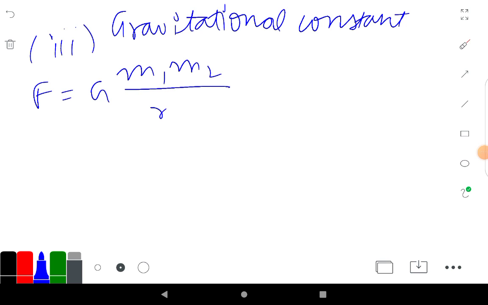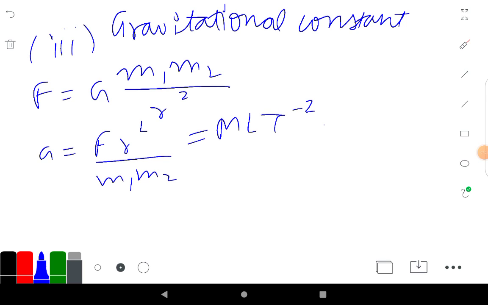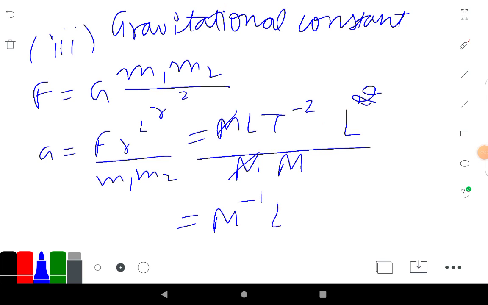So G will be F r square upon m1 m2. F is M L T to the power minus 2, r square is L to the power 2, upon m1 m2 which will be M into M. So M gets cancelled and we get M to the power minus 1, L to the power 3 and T to the power minus 2. This is the formula for the gravitational constant which we need to remember.